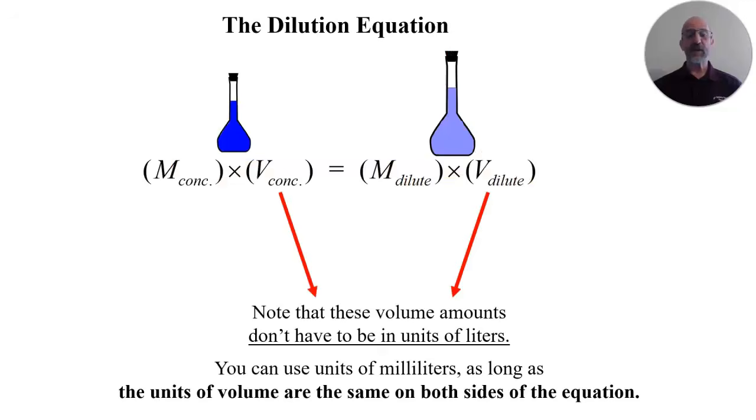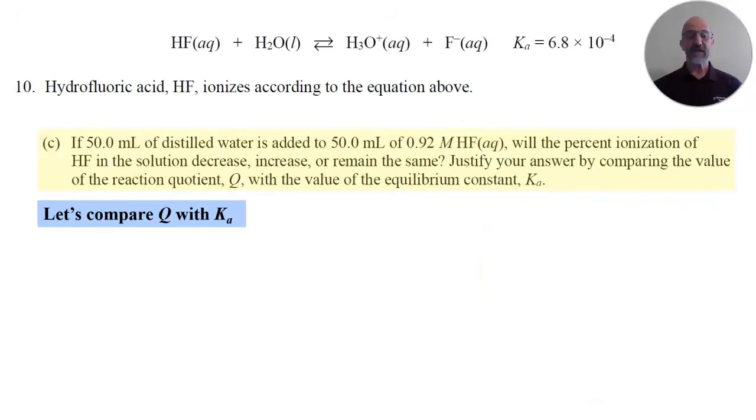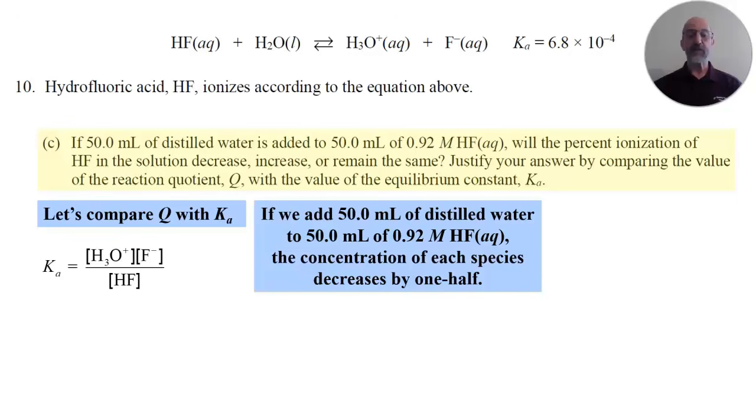So it's going to be a dilution where we're going to be adding water. And so as we add water, it's going to cause all of the concentrations of the chemicals in the solution to decrease. So let's go ahead and compare Q with Ka. So there's our Ka expression. If we add 50 milliliters of distilled water to 50 milliliters of this HF solution, then the concentration of everything, each species, will decrease by 1/2.